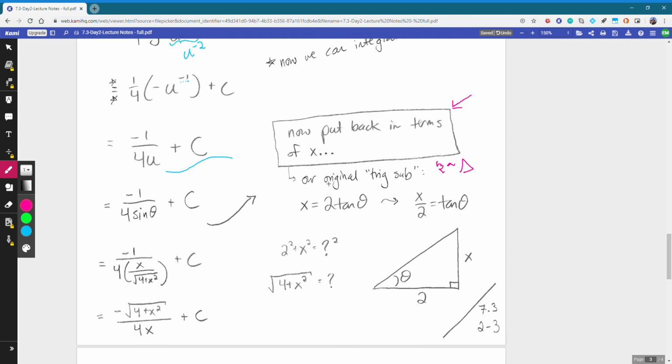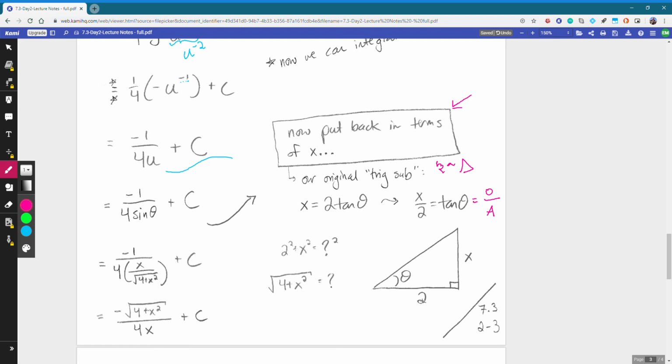Right, and so here our very original trig substitution was where we let x be 2 tangent, and so solving for the tangent here, we get x over 2. And recalling through SOHCAHTOA, that tangent is the opposite over adjacent. We can draw a triangle, show a picture of our angle theta, and we can label the opposite as x and the adjacent as 2.